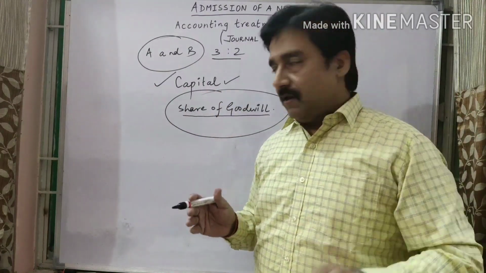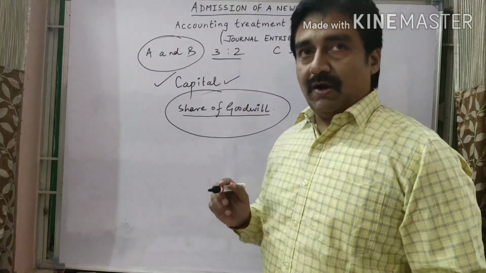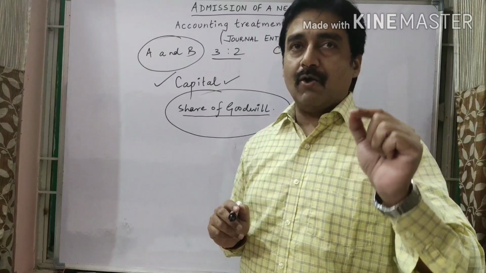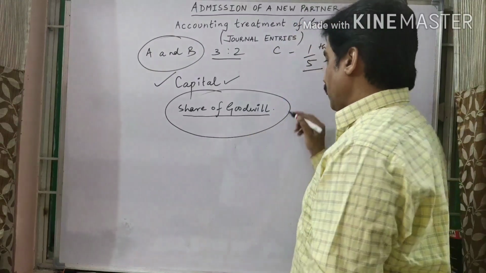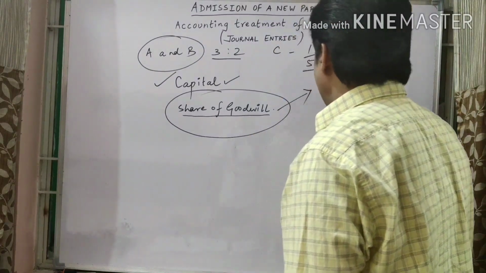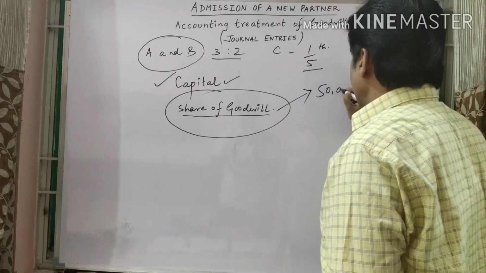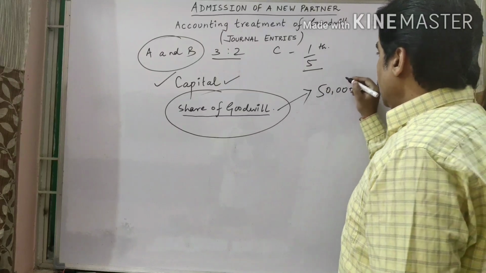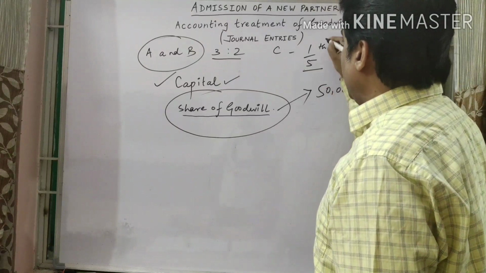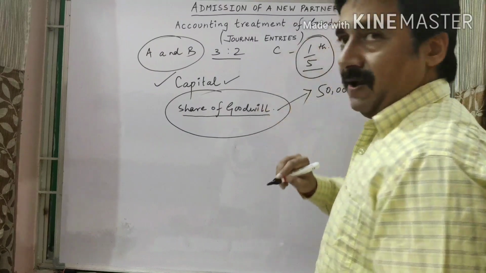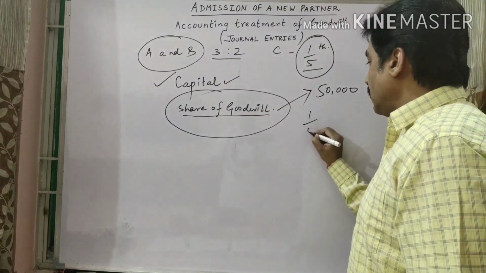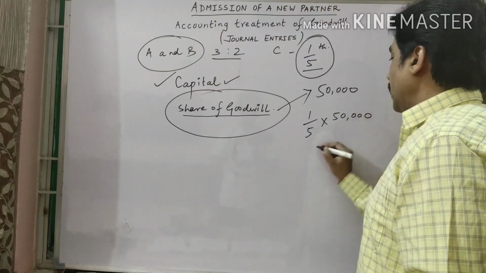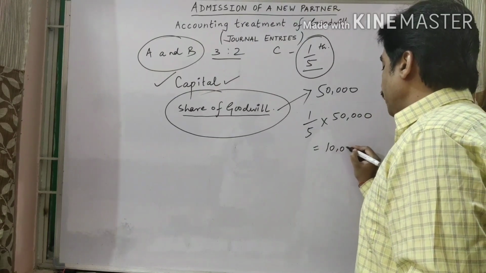Then the new partner is told the amount of goodwill of the firm. Suppose the goodwill of the firm is 50,000; the new partner is supposed to bring his share of goodwill. That means out of this 50,000, he will bring 1/5, that is 10,000 rupees.